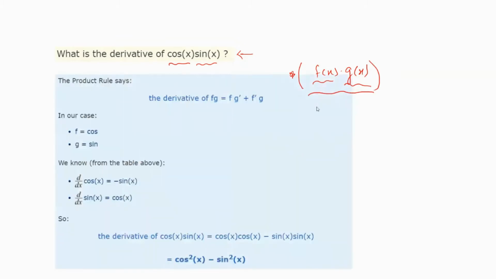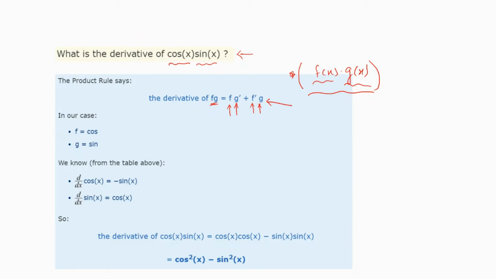How? See that. This product rule says that the derivative of f and g, two given functions f and g, is nothing but first keep the first function as it is, and find the differentiation of g(x) and multiply with f. The second time, find the differentiation of the first function f as f dash and keep the second function constant and multiply them. This is called product rule or chain rule.